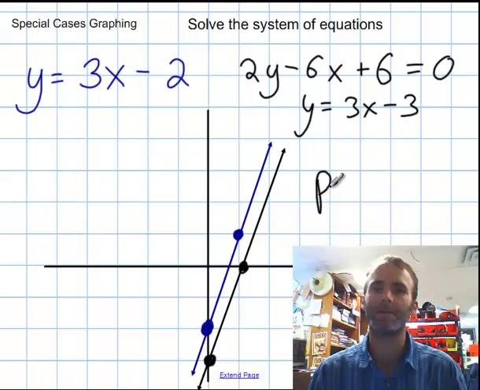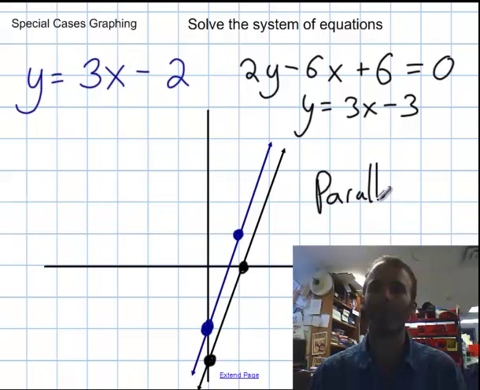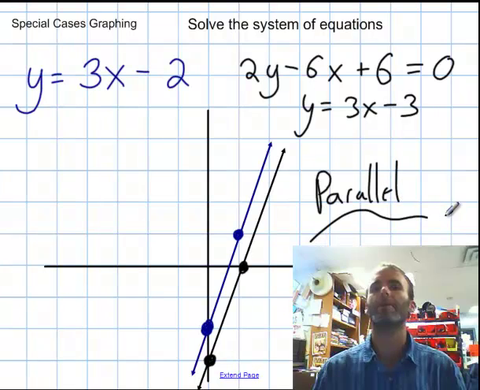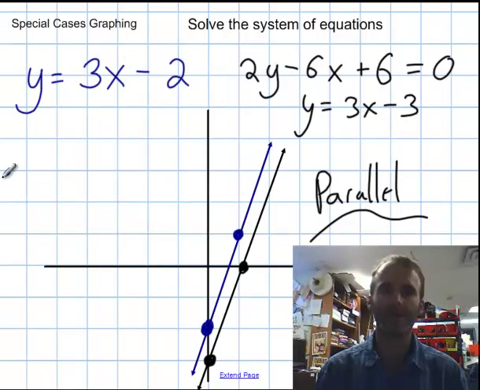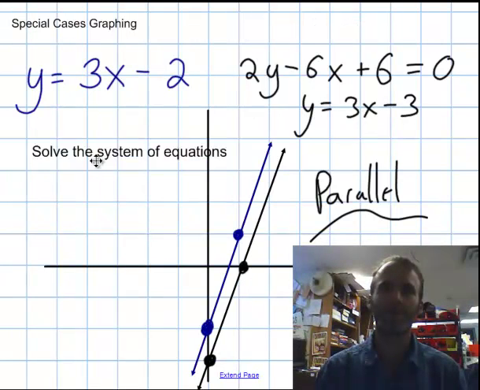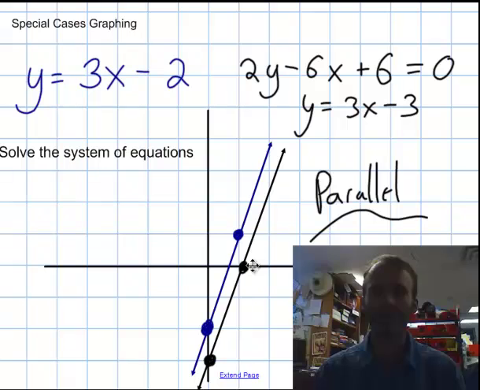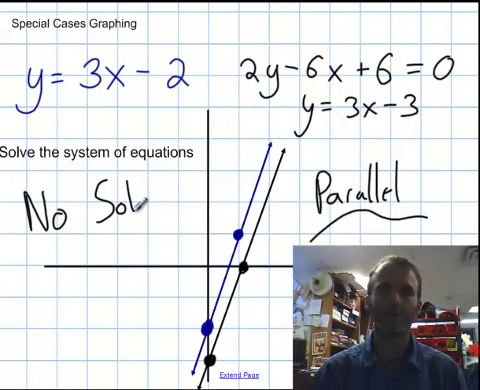They're parallel. So that means that they never cross. If they never intersect, my solution for solving the system of equations, well, remember my solutions are where they cross. If they never cross, then it is no solution.